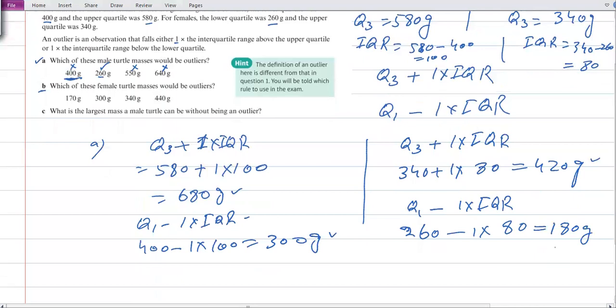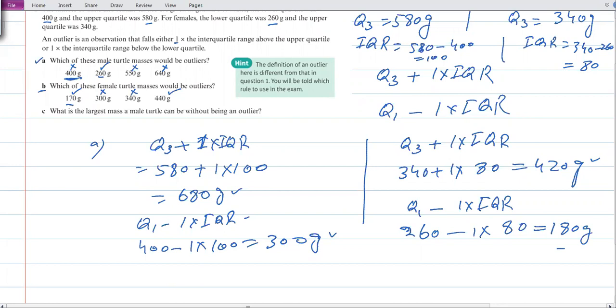Any value less than this or greater than 420 will be an outlier. Look at 170: yes, 170 is less than 180, so it is an outlier. 300 cannot be, because it is neither greater nor less. 340, no. 440, yes, it is greater than 420, so it will be an outlier.